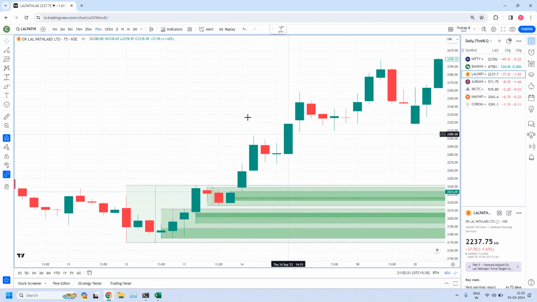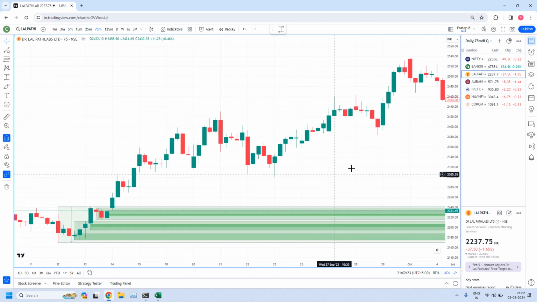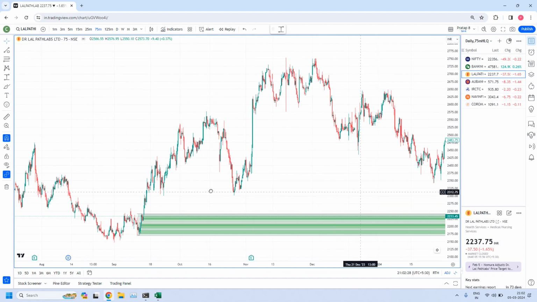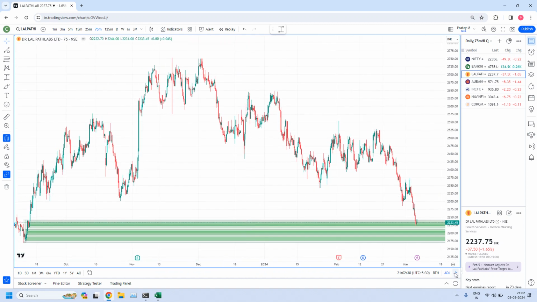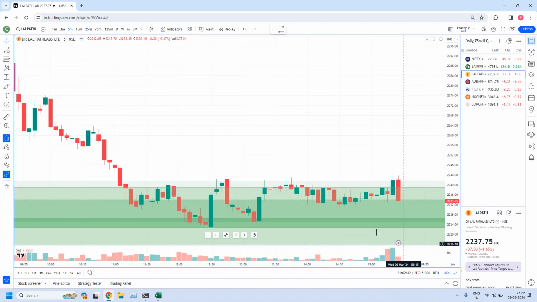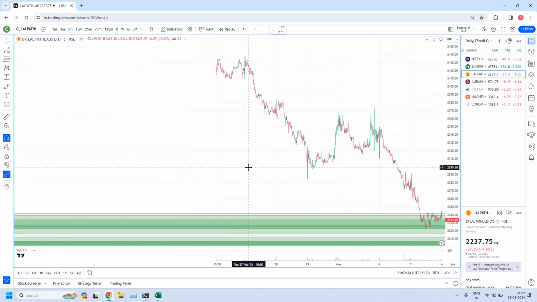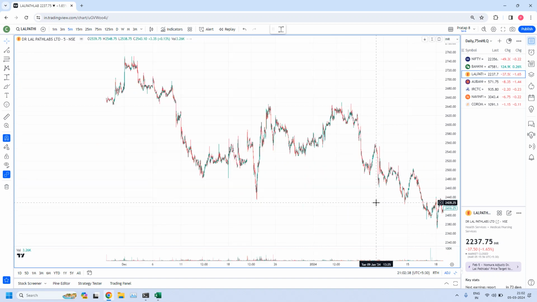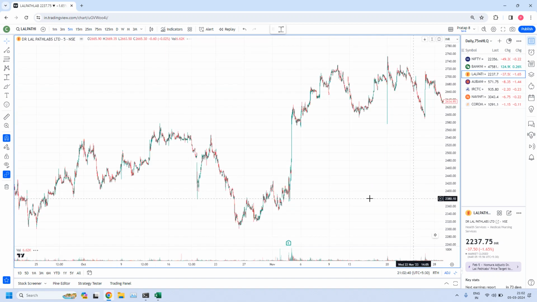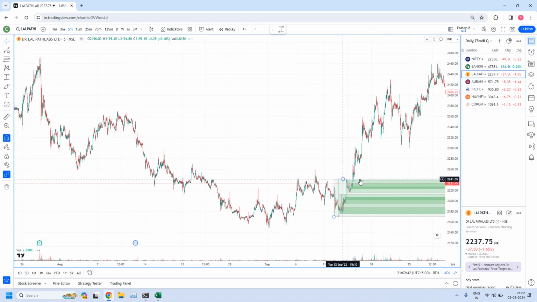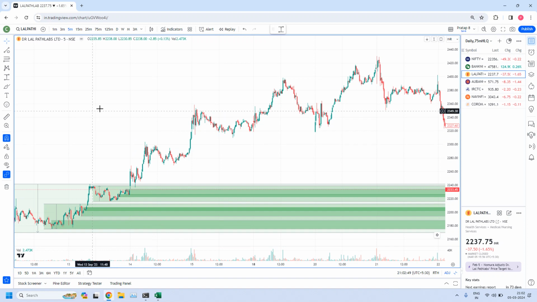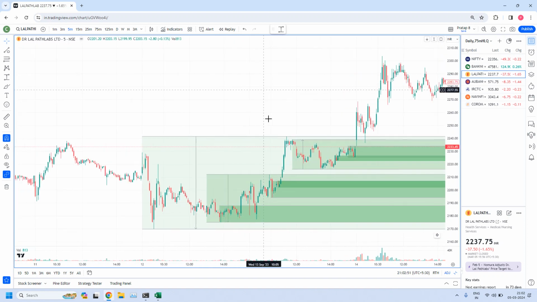Inside the 75-minute zones, we will draw 15-minute zones, and again inside those, 5 minutes. And look into these 75-minute zones.